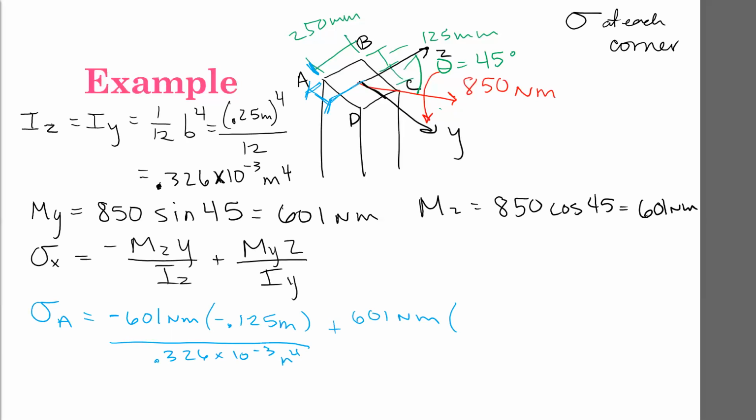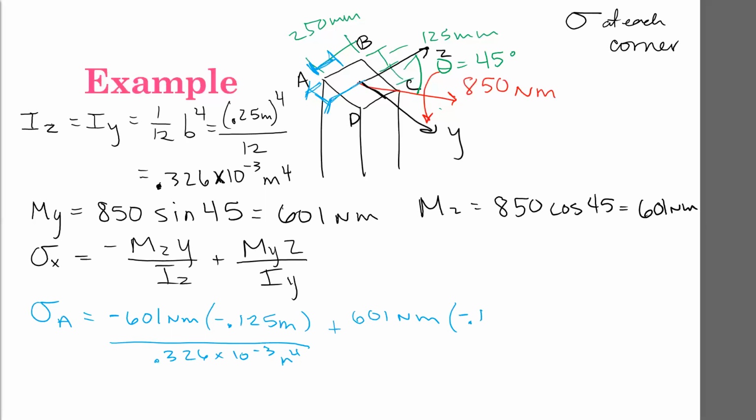So what is this z measurement? Should be 0.125. And is it positive or negative?